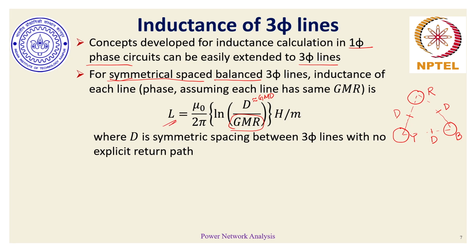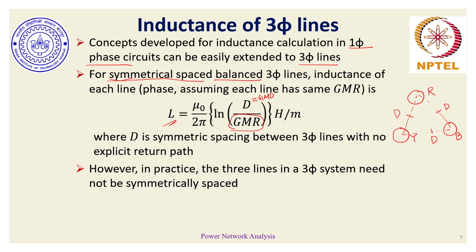So far so good, but every story has a twist. So for inductance of three-phase lines, there again exists a twist. The twist here is that these three lines in a three-phase system need not always be symmetrically spaced, because our tower constructions and designs are different. You would rarely find, or you would have seen very few, towers where this symmetric arrangement is ensured.